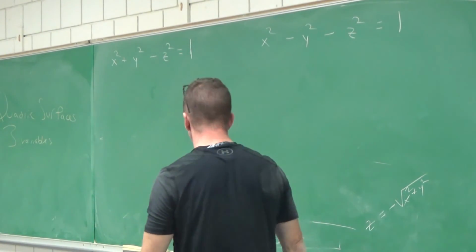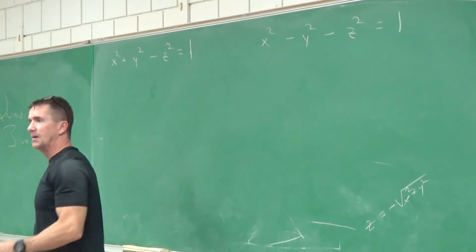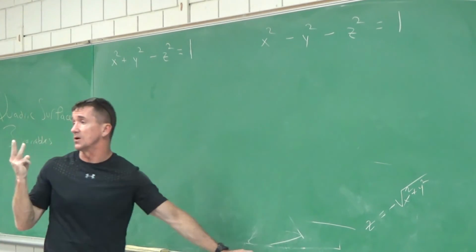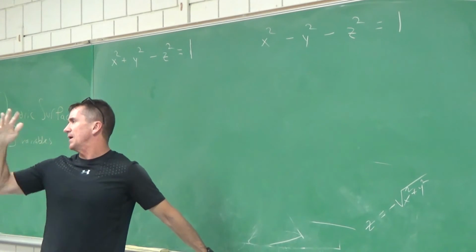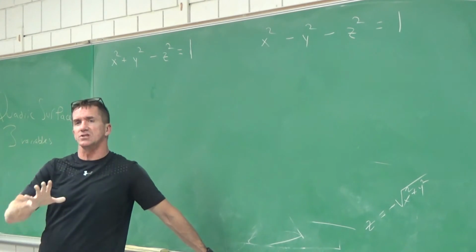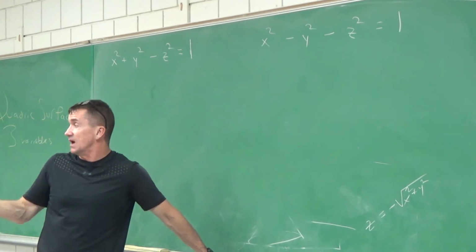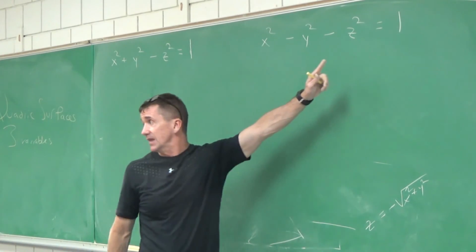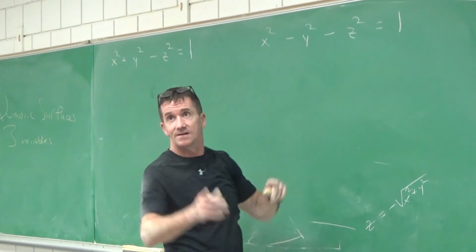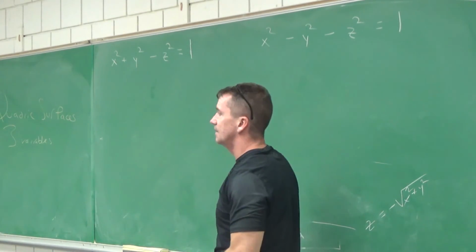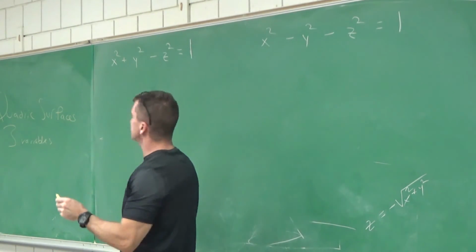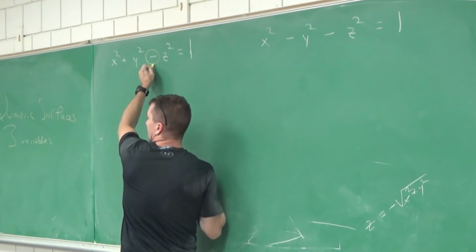These kind of look like the spheres before, don't they? But what's new? First, they have all three variables, right? What was different about these than with the cone? The cone was just x squared equals z squared plus y squared. There was no number in there. I see a number's involved now, right? But it still has all three variables. What's new, different from the sphere, is this has a minus.